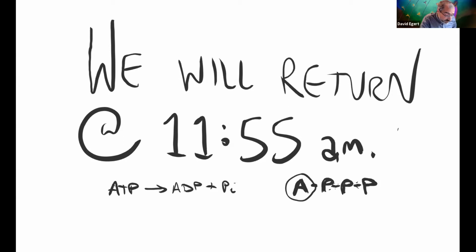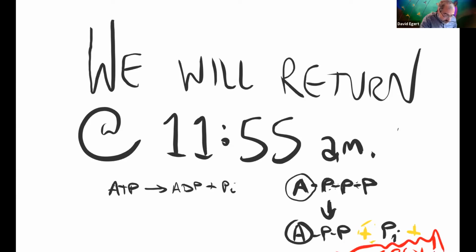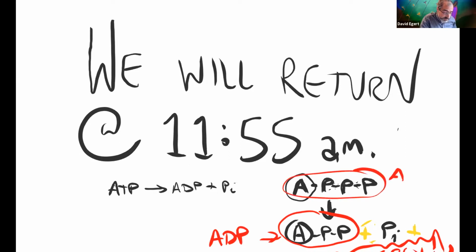If we take this and break off one of the phosphates, we end up with ADP, adenosine diphosphate. And this was ATP, adenosine triphosphate.